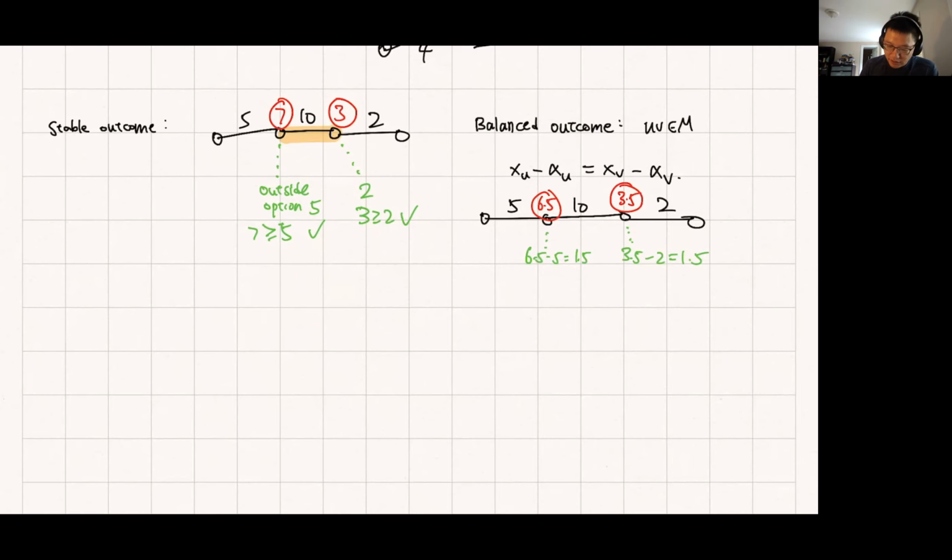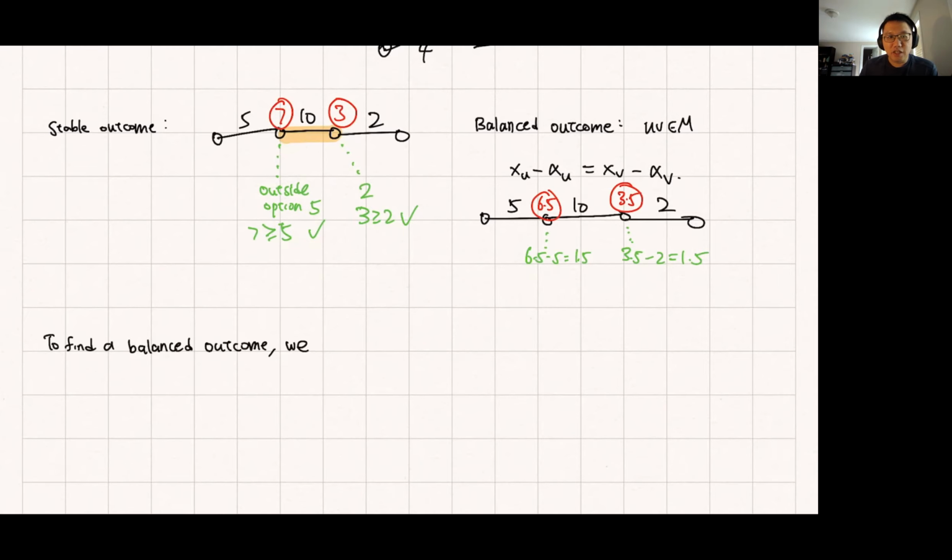So how do you find a balanced outcome in a more systematic way? The first step is to find a maximum weight matching.